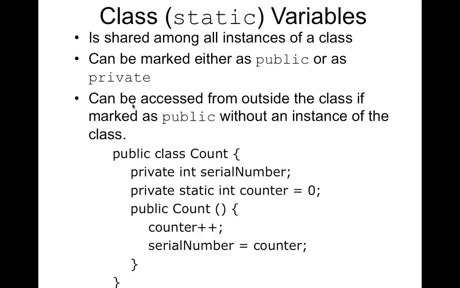So public class Count, private int serialNumber, static int count = 0, public Count, and you are incrementing the counter. Because the counter is not an instance variable, it's a static variable, any instance can increment the value. It's not thread safe to do this. We can talk about thread safety a little later.